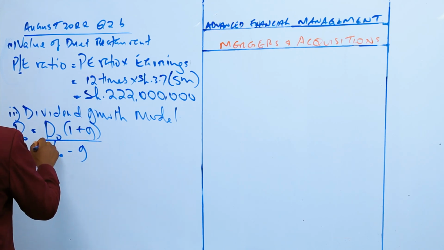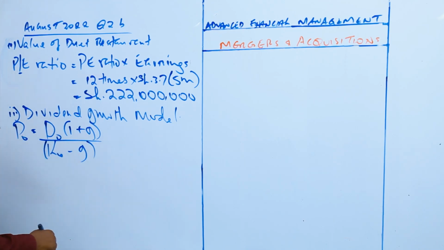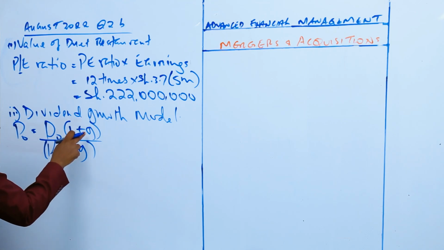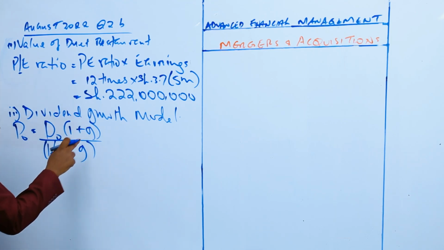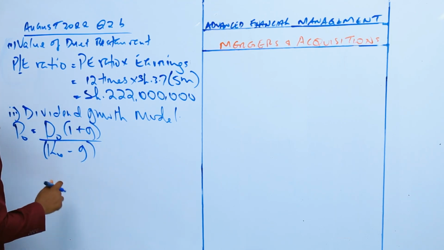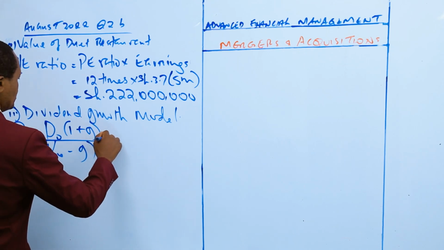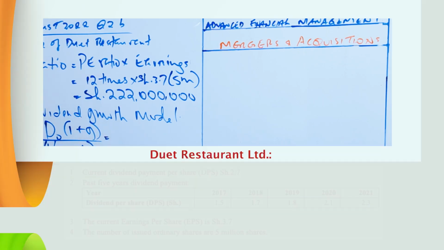That is how to calculate the value of the company, where P naught is the value of the company, D naught is the dividend per share, G is the growth rate, and KE is the cost of equity. So we check from the question, do we have the dividend per share?